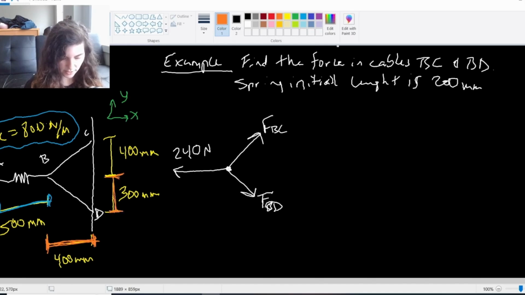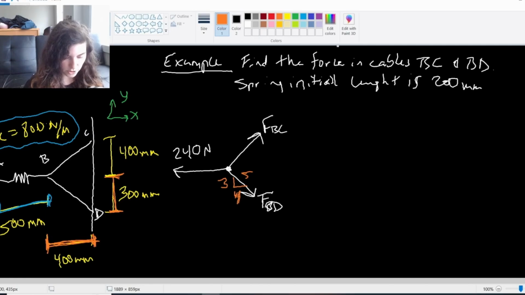So if you'll recognize, these distances are telling me that I have a 3-4-5 triangle ratio relationship, right? So I have this 3 is the y direction, 4 is the x direction. I have a 3-4-5 ratio triangle on.